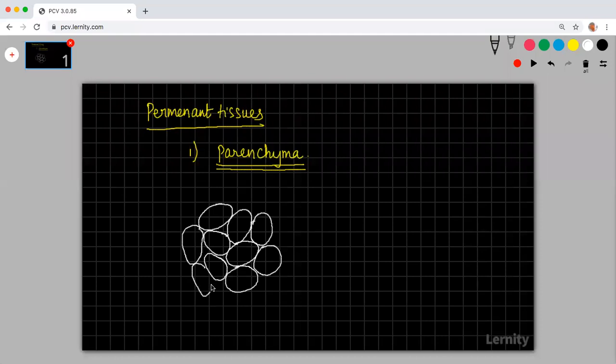So the parenchymatic tissue will be like this.